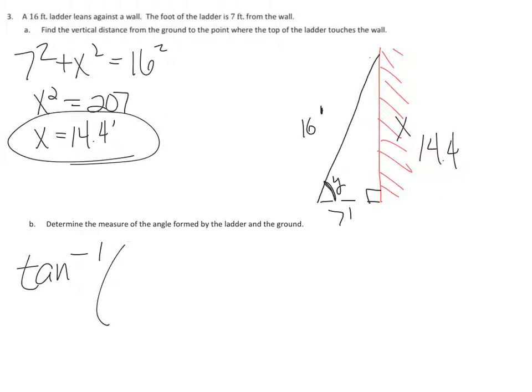So tan to the negative 1, or arctan, opposite over adjacent. So 14.4 over 7. You can go ahead and check it out. We might get slightly different answers because of rounding issues. I got 64.1 degrees, so about 64 degrees.